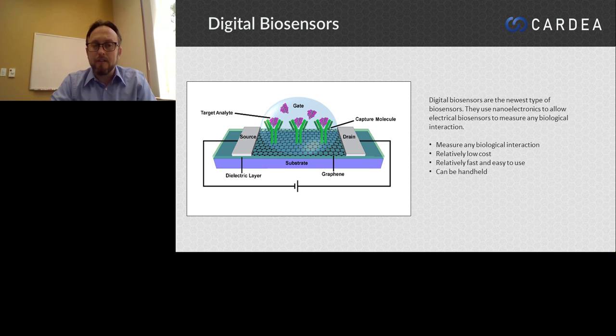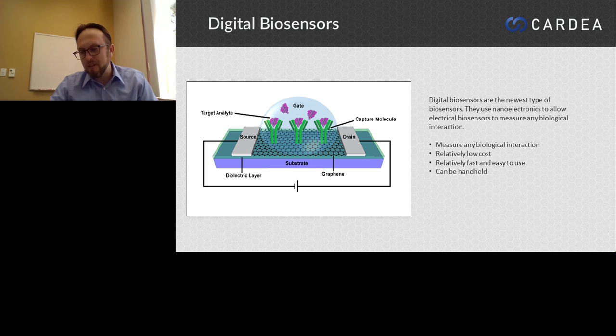So now you have a tool that allows you to look at protein-protein interactions, small molecule interactions, the dissolved gas and salt interactions, basically anything that a cell might be interested in can be monitored by a digital biosensor, and it's in a package that you can carry around in your pocket. So we now have access to portability and a large biological range of measurements. This was only possible because of nanotechnology.